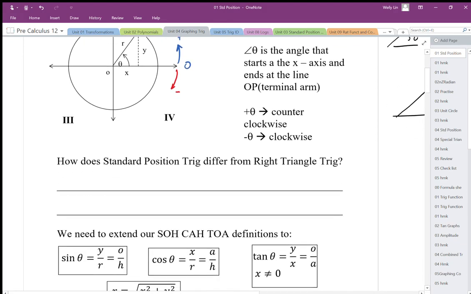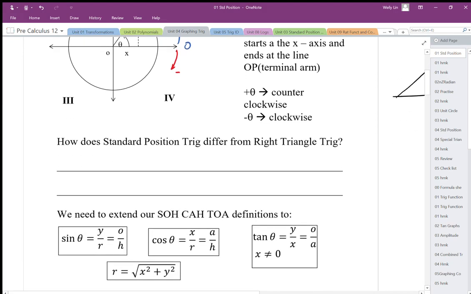So how does right triangle standard position trig differ from right triangle trig? Basically, we can look at angles beyond 90 degrees, whereas in triangle trig, we can't, because we can't go beyond 90 degrees in a triangle. So we can go beyond 90 degrees.